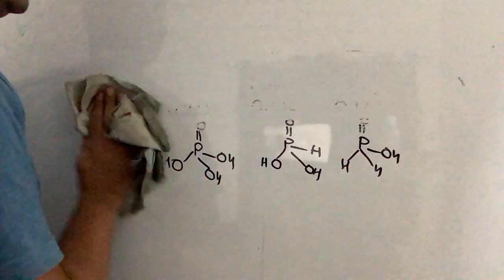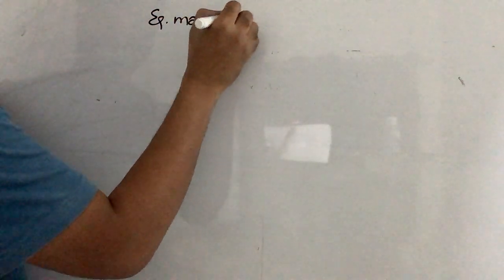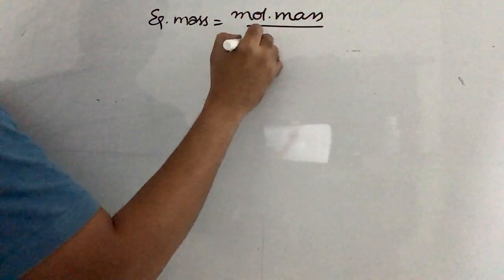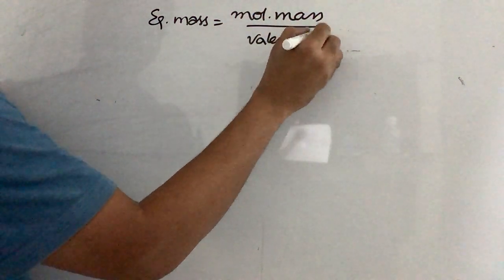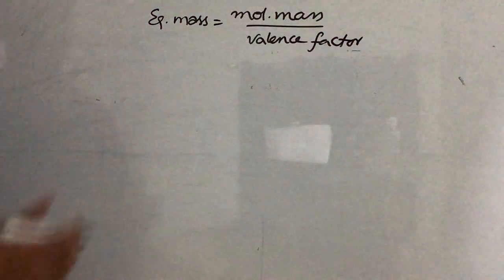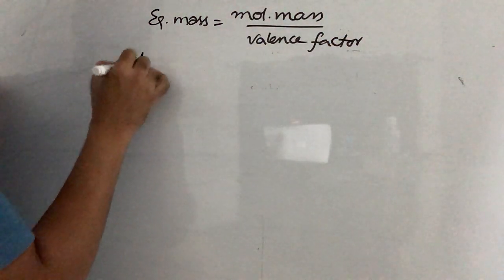Then equivalent masses I want to explain. Few lines will take. Equivalent mass is equal to molecular mass by valency factor, you can say. What is valence factor and all? For example, acids if you want to take.